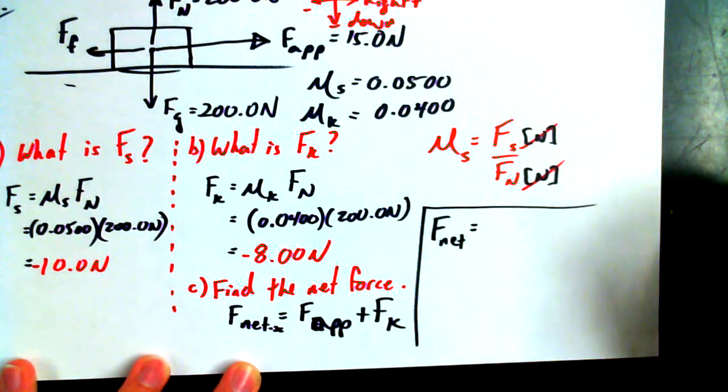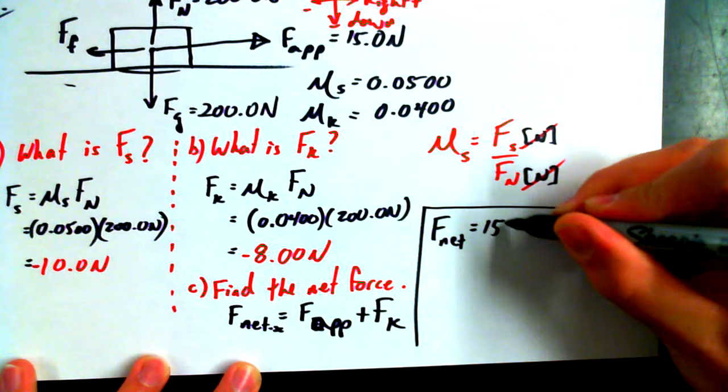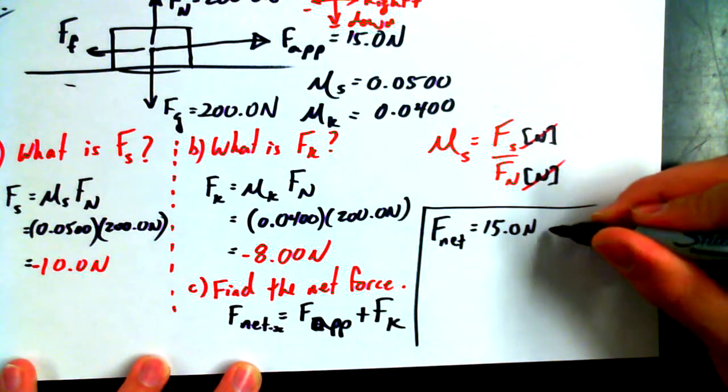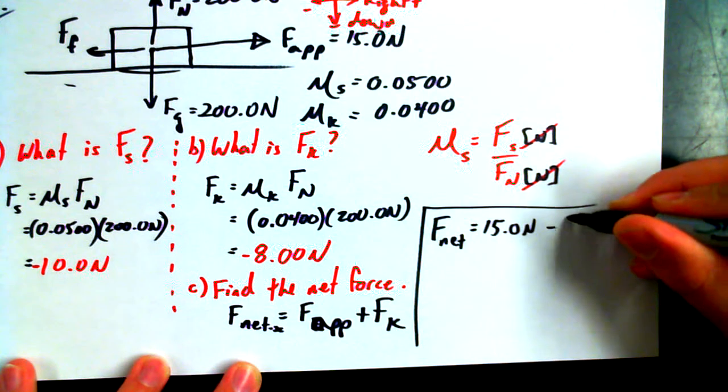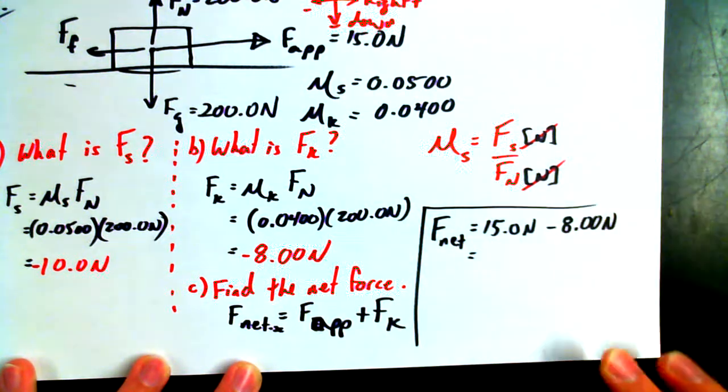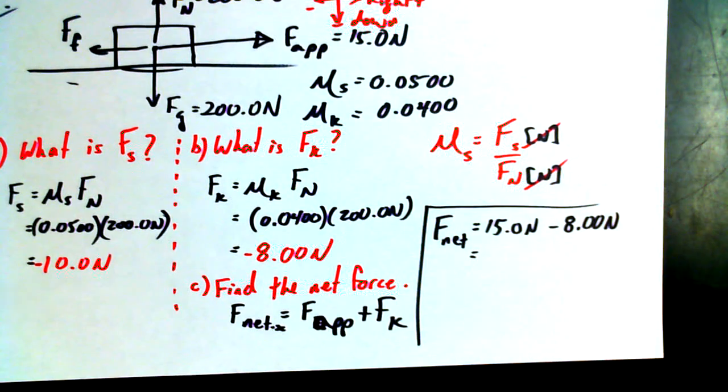F net is equal to F applied, positive 15.0 newtons, and Fk was equal to negative, so plus negative 8.00 newtons. And 15.0 minus 8.00, would everybody agree that it's going to be 7.0?